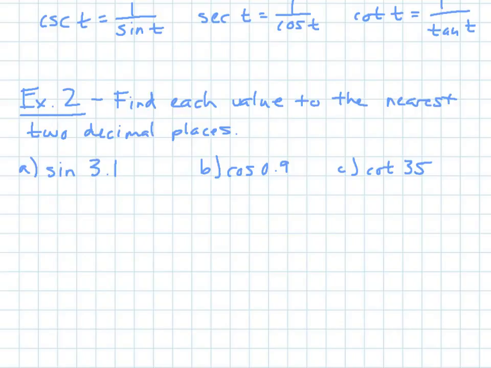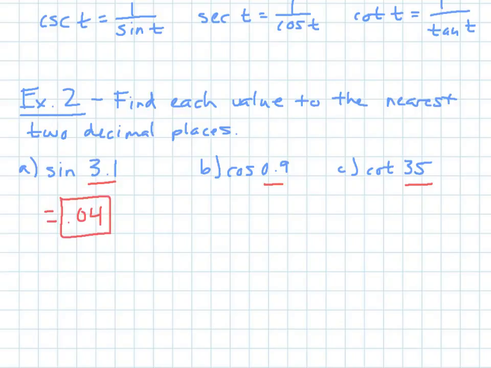So remember, these are radian measurements. So to get the values that we want, we need to make sure our calculators are in radians before we move forward. But now if I plug in sine and type in 3.1 in parentheses, that gets me 0.04 and 1, but the 1 just rounds down, so I get 0.04 for that one.